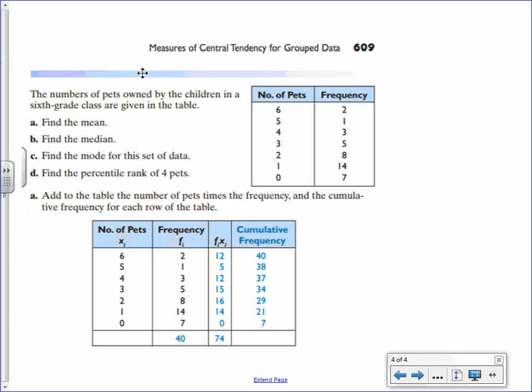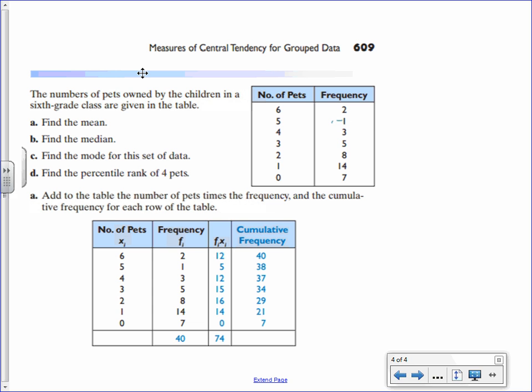This is if you kind of cheat and you do a group table. Okay, so they give you this example, the number of pets owned by children in the 6th grade, and we're finding all this stuff. Instead they make a frequency table. So instead of writing 6 2 times, it's saying 6 pets happens twice. 5 pets happens once. 4 pets happens 3 times.